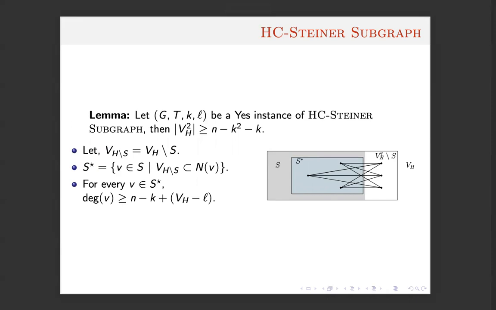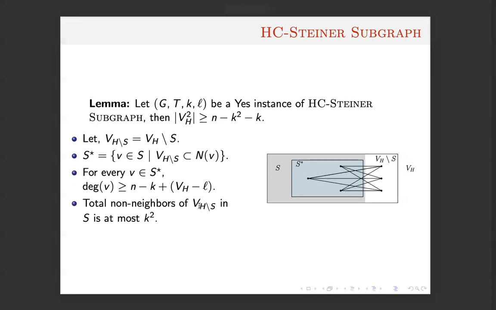And we know that A star is part of the solution, so A star has at least degree n minus k inside the solution, and as the cardinality of VH minus S is VH minus L, it has VH minus L neighbors outside, so it has total degree n minus k plus VH minus L. So the total number of non-neighbors of VH minus L S in S is at most k square, because the number of vertices here is bounded by k and the number of non-neighbors of those vertices is also bounded by k.